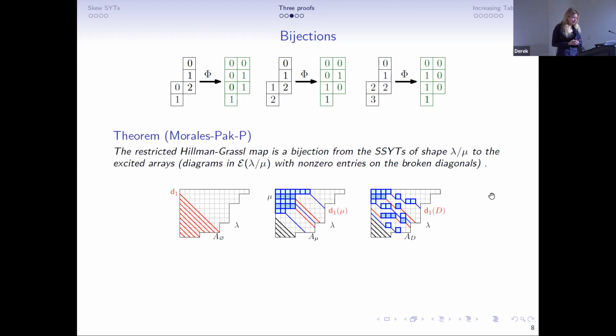And then the difficult part here is to figure out what happens if you restrict our Hillman-Grassl bijection to a skew semi-standard Young tableau. So first there is the skew shape. So we're forcing that these entries in mu are all 0.